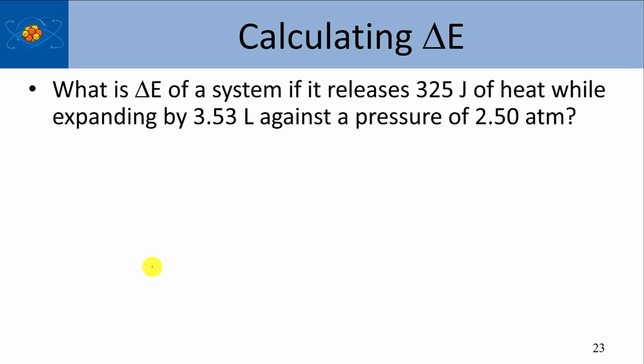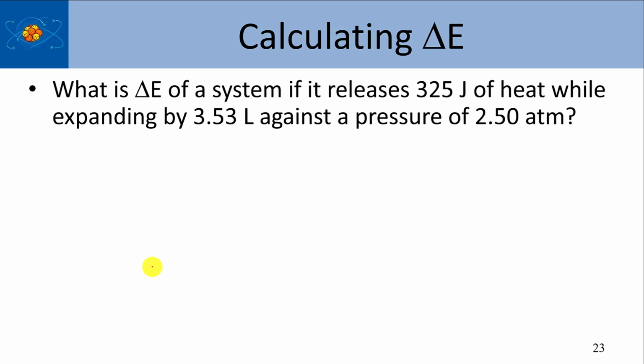So how do you have to use this information? Here's a quick type of calculation you might be expected to do, or at least understand, in terms of fundamentals of exchange of energy. It says, what is delta E if a system releases 325 joules of heat while expanding by 3.53 liters against a pressure of 2.5 atmospheres?